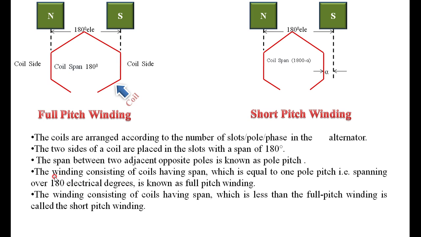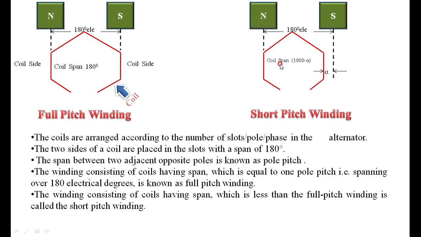Therefore, the winding consisting of coils having a span equal to the pole pitch, 180 electrical degree, is known as full pitch winding. Put simply, if the coil span is 180 degree, or equal to the pole pitch, then it is called a full pitch winding.